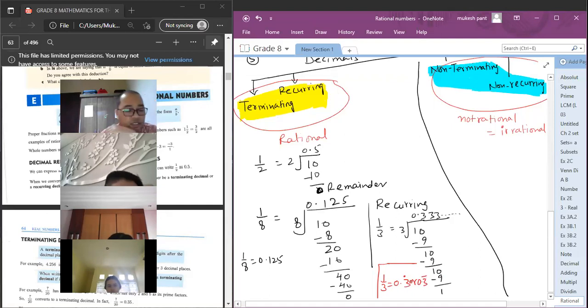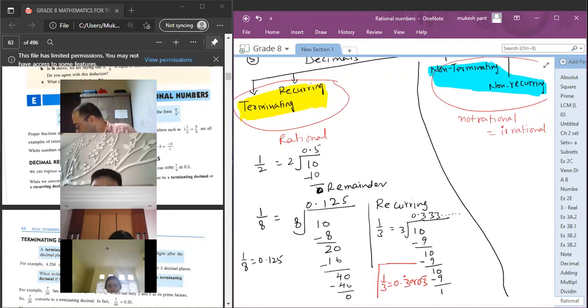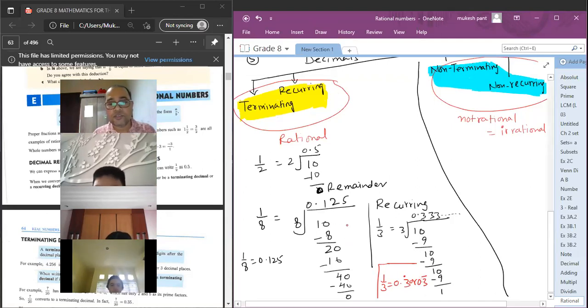Whatever format your book is giving, you follow that. Okay, so these are called recurring or repeating decimals.